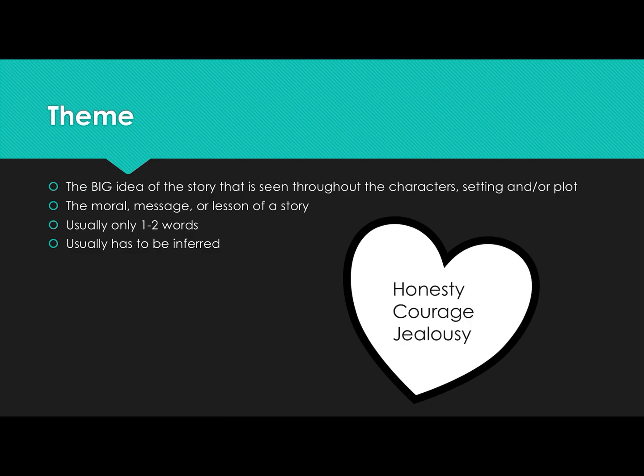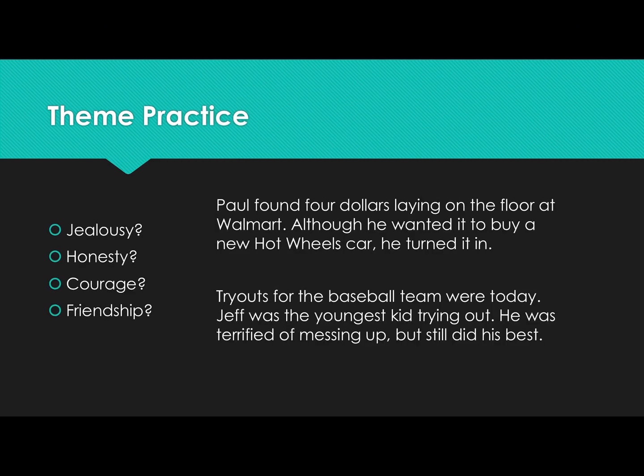So let's do a few examples of this. There are a few different kinds of themes on the left there: jealousy, honesty, courage, and friendship. So we're going to do a few stories here. They're just very short. Paul found $4 laying on the floor at Walmart.